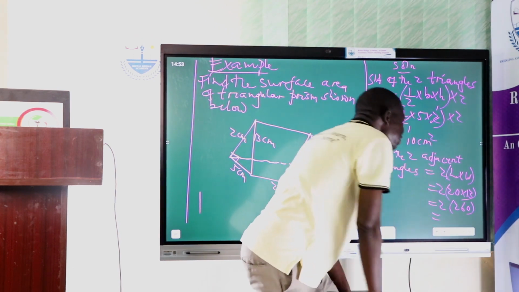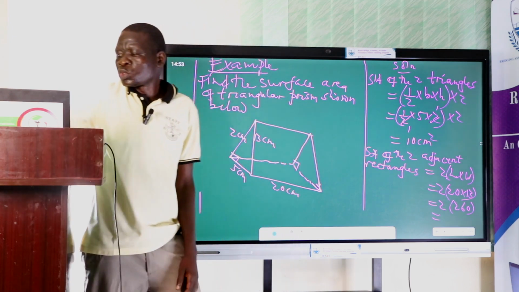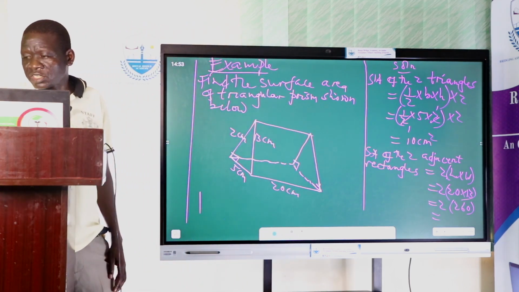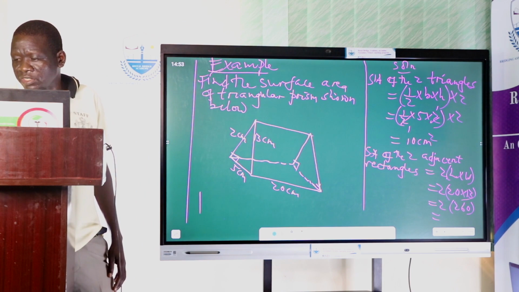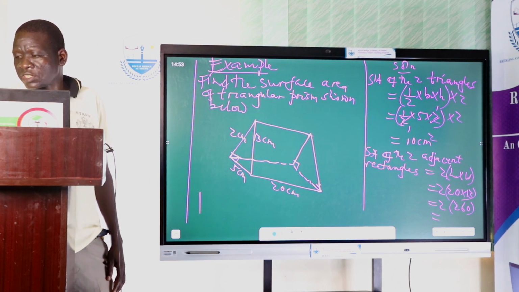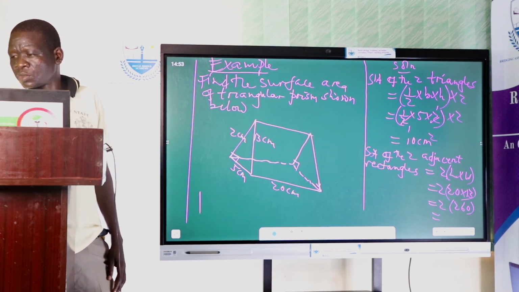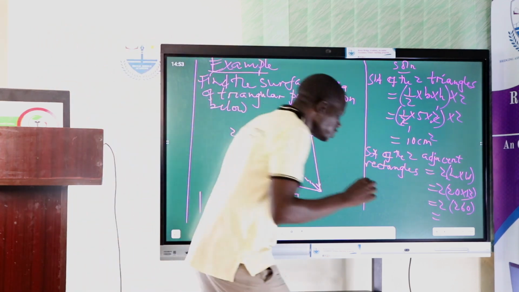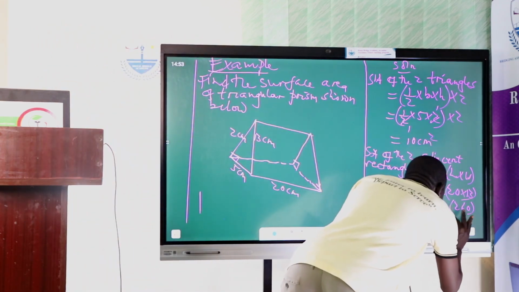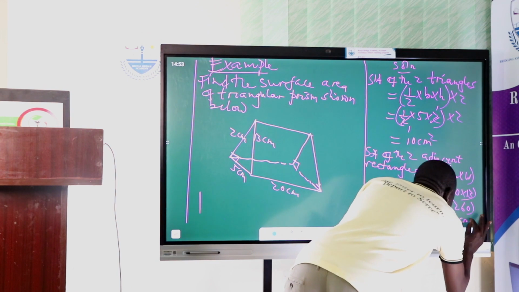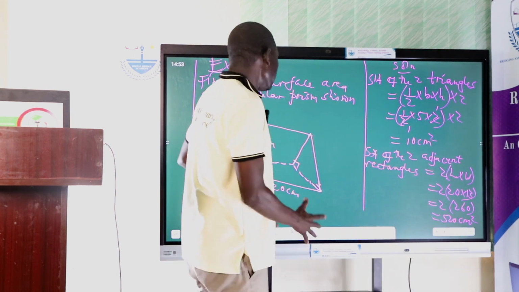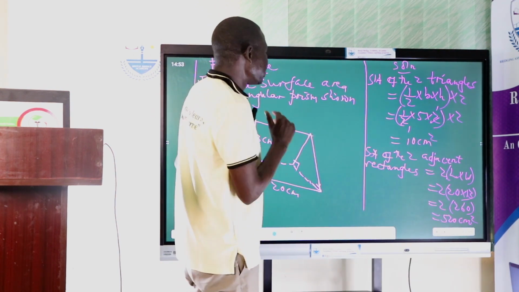And 260 times 2, we get 520 centimeters squared. Those are the two adjacent rectangles.